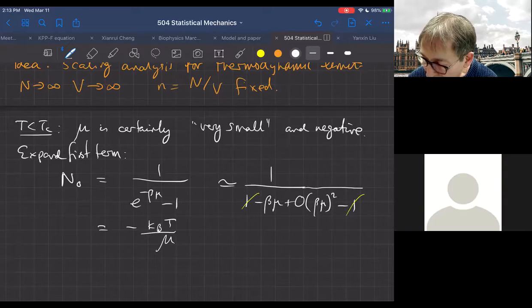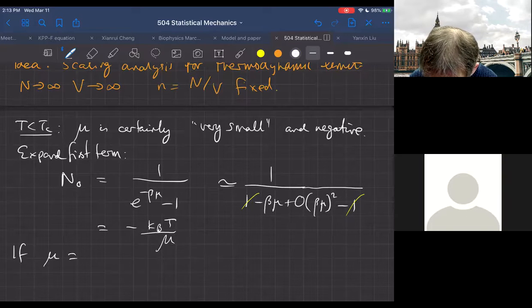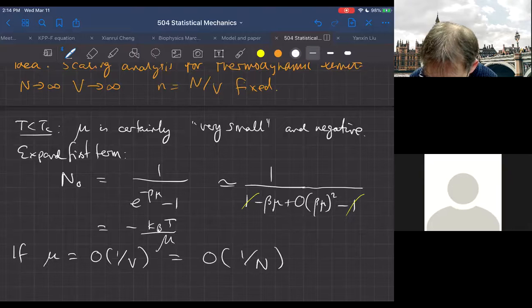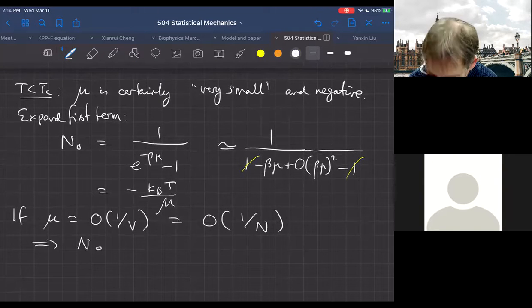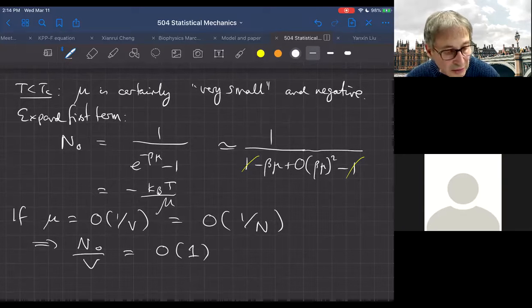So if mu is scaling of order 1 over V, which is the same thing as 1 over N because the density is fixed, then N0 over V is going to be a quantity of order unity. By order unity, what that means is that it just stays as a constant as I take the limit N goes to infinity and V goes to infinity.